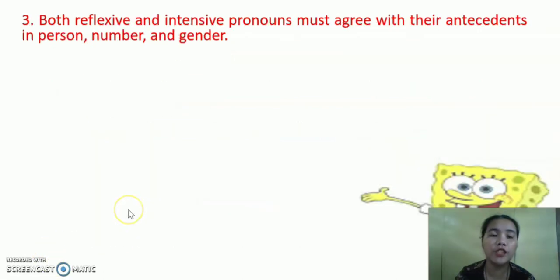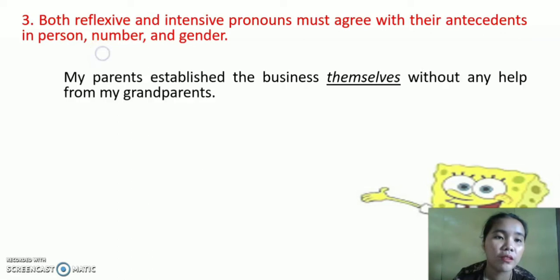Okay? Okay, so the third thing to remember in using intensive and reflexive pronouns is that you must agree with their antecedents in person, number, and gender. So it still matters if pila ka buok and the gender. So here, class, an example. My parents established the business themselves without any help from my grandparents.